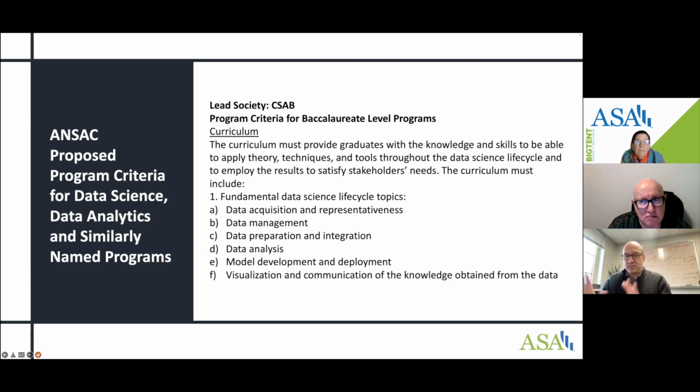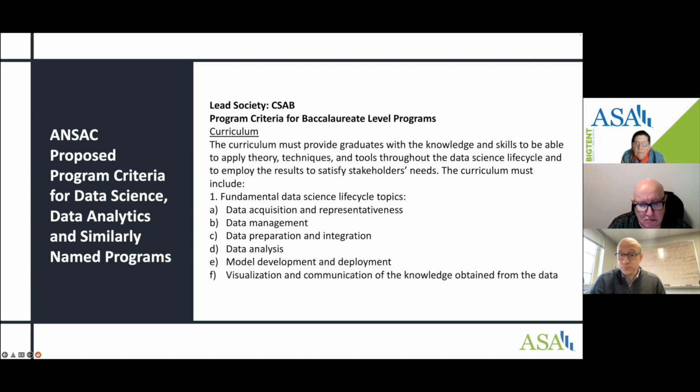But mostly the DS criteria for CAC have been cemented, at least in their first iteration, as I understand it. On the other hand, that's not true for ANSAC. The reason for that is because ANSAC is a year behind CAC, and so ANSAC still has a year of public comment left to go.